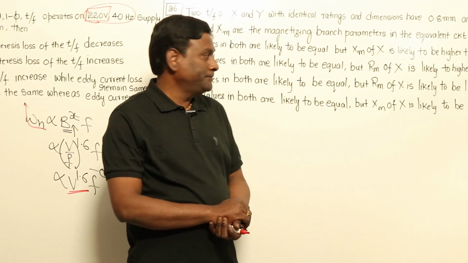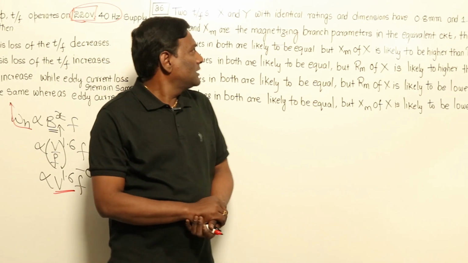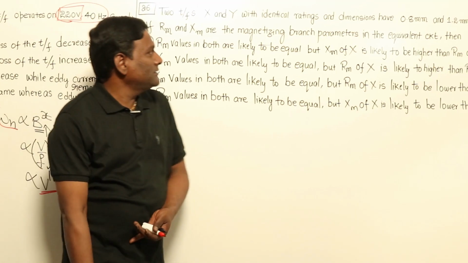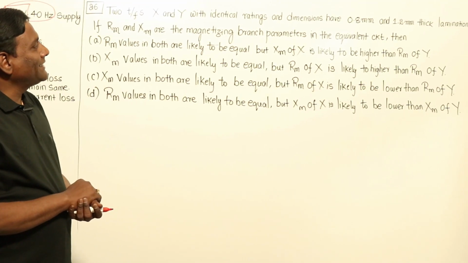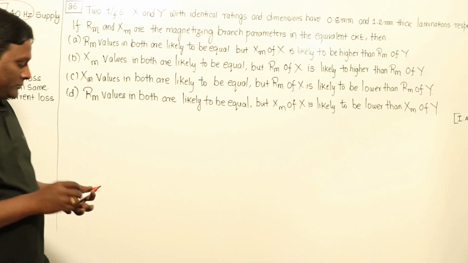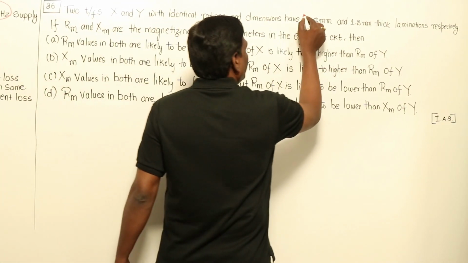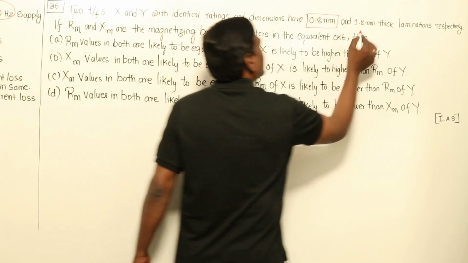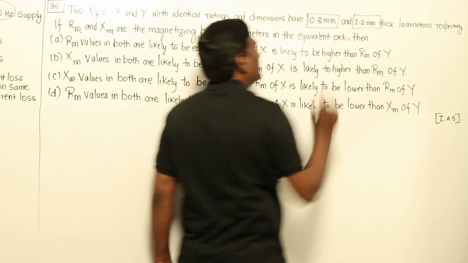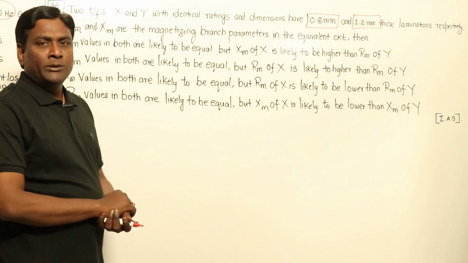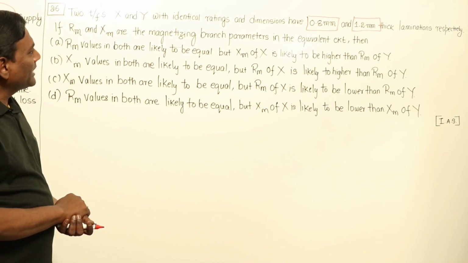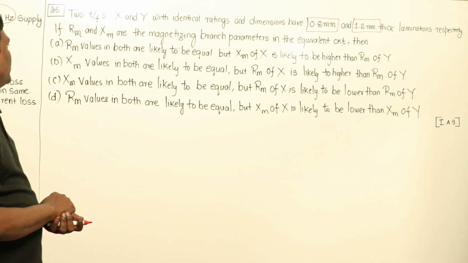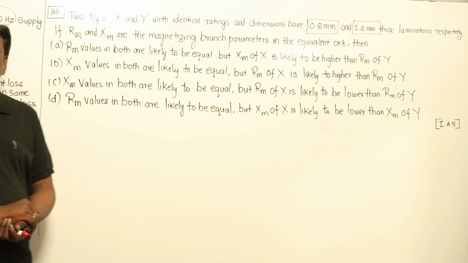Okay, beautiful question. In this, two transformers X and Y with identical ratings and dimensions have 0.8 mm and 1.2 mm thickness laminations respectively. So the thickness of laminations is changed from 0.8 mm to 1.2 mm. Now, if Rm and Xm are the magnetizing branch parameters in the equivalent circuit, then we need the variations of Rm and Xm.